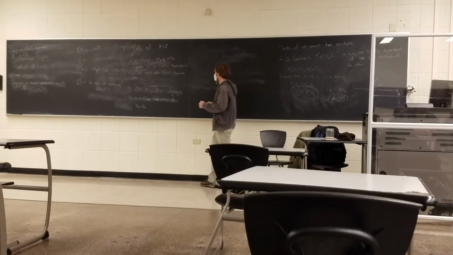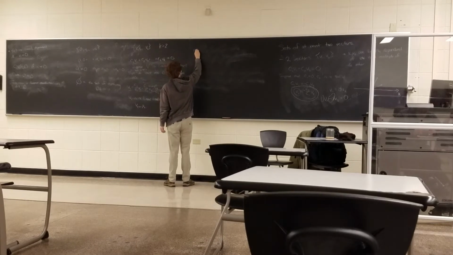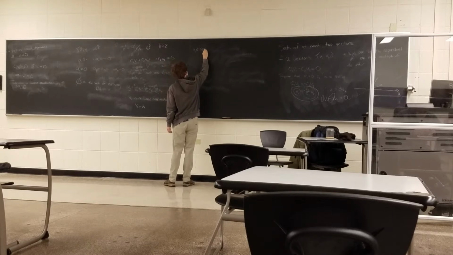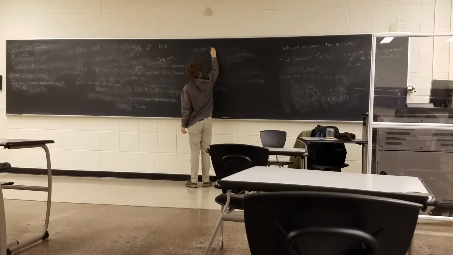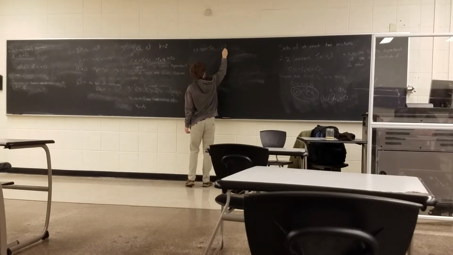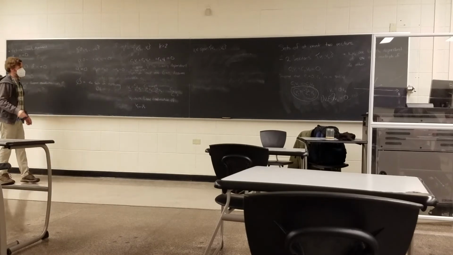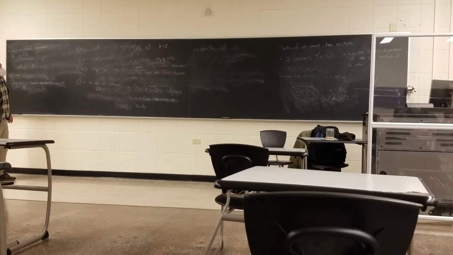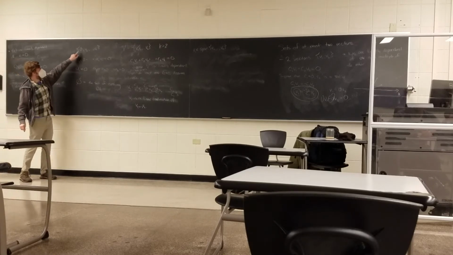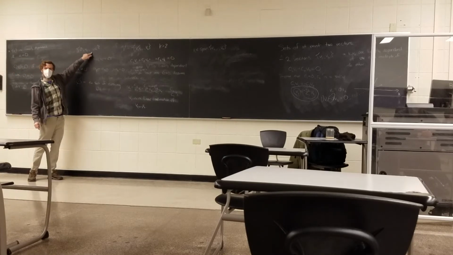So there's a couple of ways to say this. V1 is in the span of V2 up to Vk. That's one way to say it. I believe what you were saying earlier in the class. So, for example, 0 is always in the span of the rest of the vectors, right?